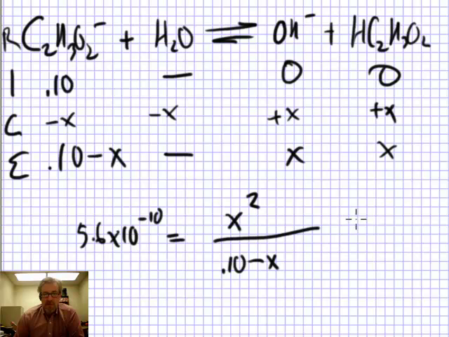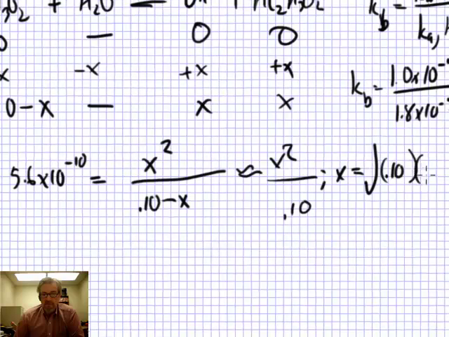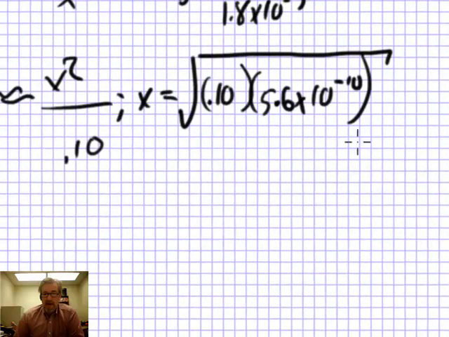Again, we'll make the assumption that this is approximately equal to x squared over 0.10, just to make the arithmetic easier. So that means that x will be equal to the square root of 0.10 times 5.6 times 10 to the minus 10. Since that negative 10 is in the exponent, I think that assumption of dropping the x is even more valid in this problem than it was in the last.